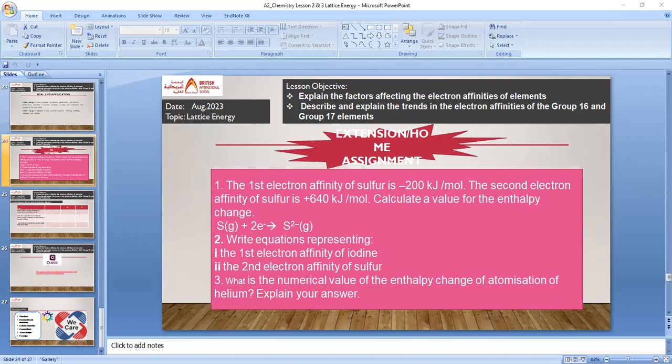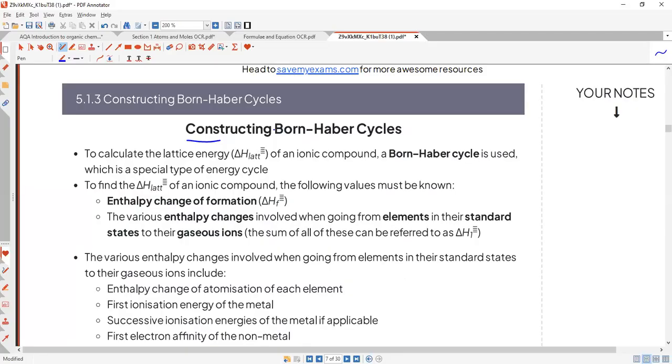Then next is the Born-Haber cycle. The Born-Haber cycle is used to find out the lattice enthalpy of an ionic compound. The basic purpose is to find the lattice enthalpy of a compound, because in some questions we cannot find it directly.